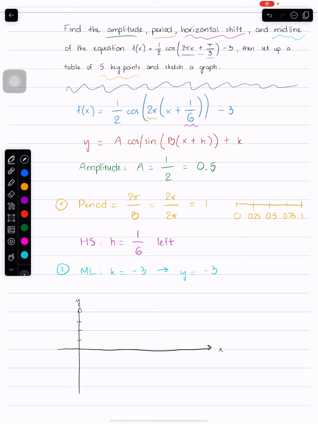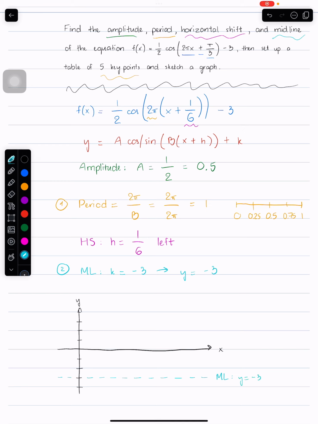Let me make some tick marks for this. So the midline at y equals -3 would be right here. I'm going to draw it dashed, because the midline is not the function. Midline, y equals -3.